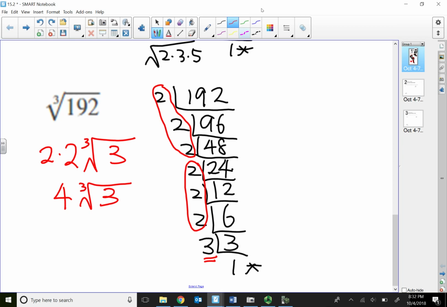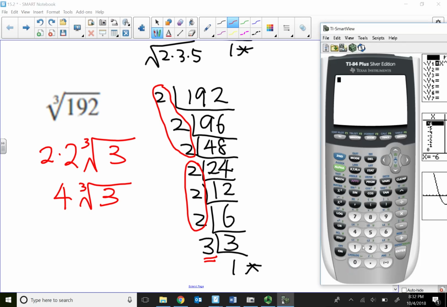Okay, so if you ask, what perfect cube number can go into 192? Well, the first cube number is 1 to the third, which we don't use. 1 going into anything is 192. All right, 2 to the third is going to be 8. So can 8 go into 192?